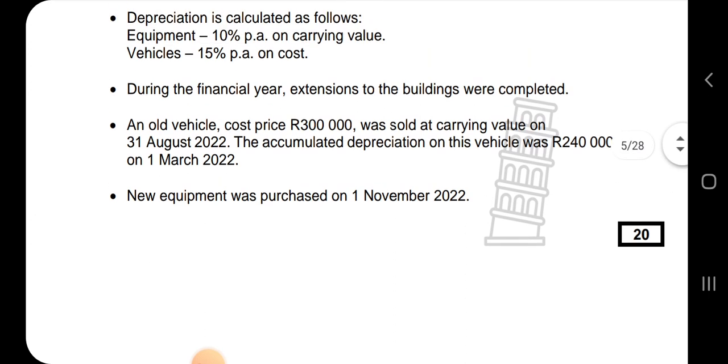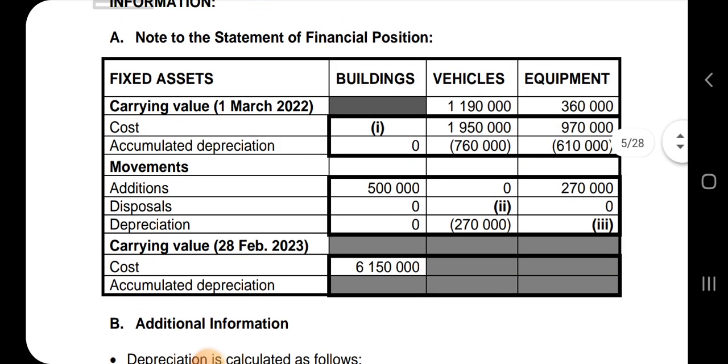So an old vehicle cost 300,000 was sold at a carrying value on the 31st of August 2022. And then they said the accumulated depreciation on this vehicle that was sold was 240,000 rand on the 1st of March 2022. So at the beginning of the financial year, we just need to add the depreciation. New equipment was purchased on 1 November 2022. So this is all the information.